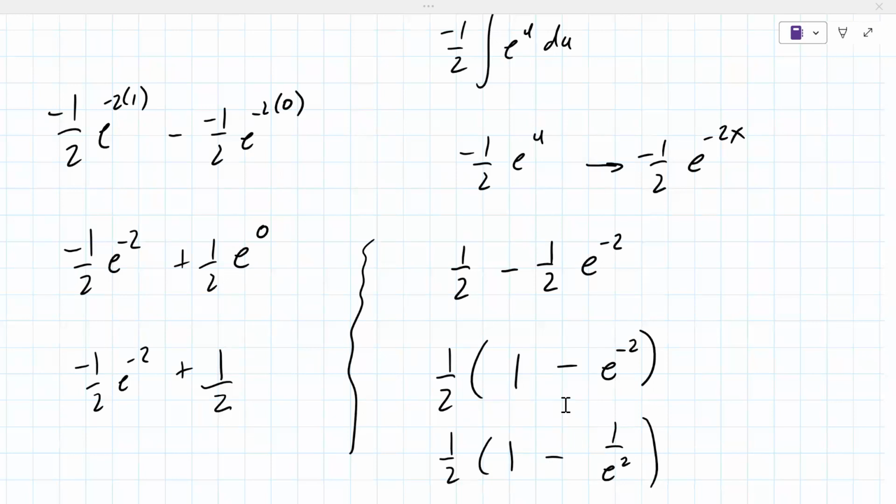I would be very careful with that. Okay. So that would be our final answer. Any of these four could be the final answer. They're all equivalent.